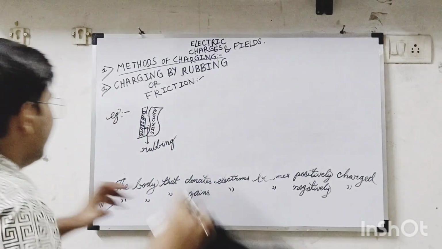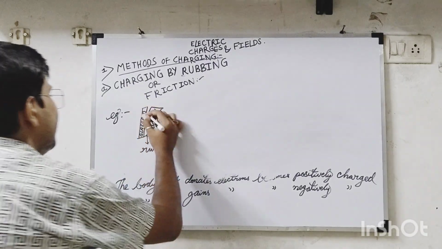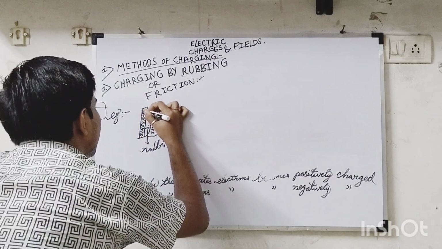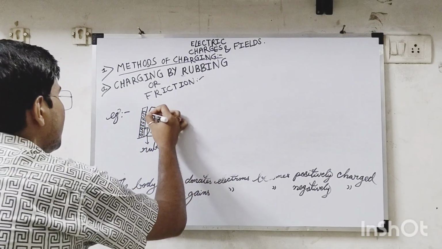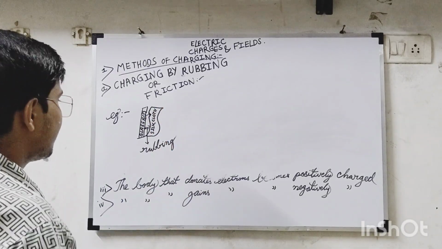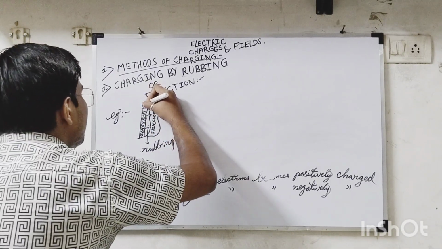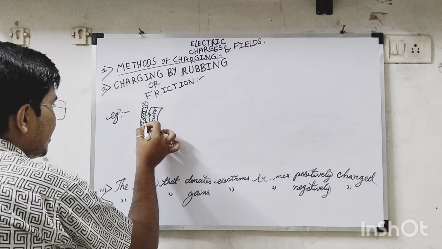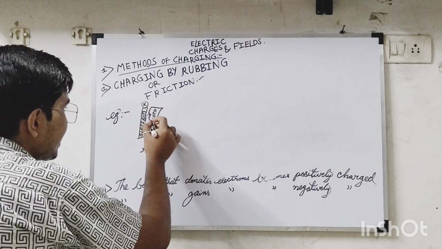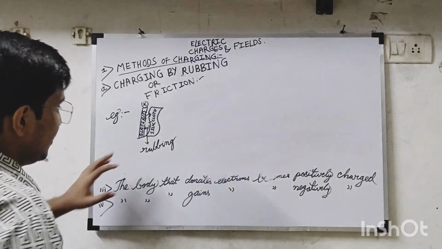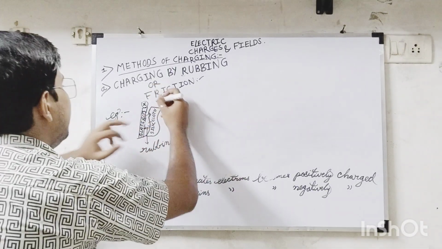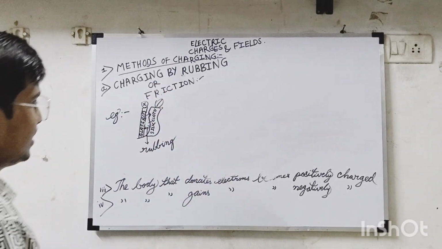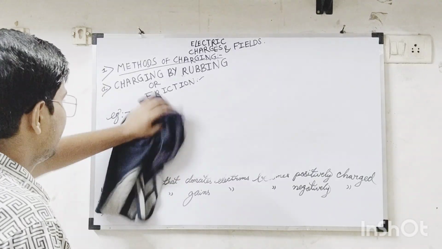So this thing is donating the electrons and acquiring the positive charge, and this thing is gaining electrons. See, gaining electrons, then it will become negatively charged.